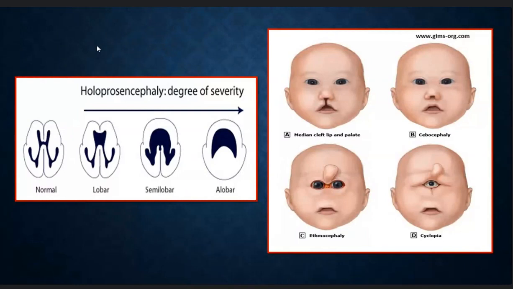If you go to a more severe degree, which is C, it's called Microcephaly. Here is the brain as semilobar holoprosencephaly, and the face appears like this. There is no nose, absence of the nose.